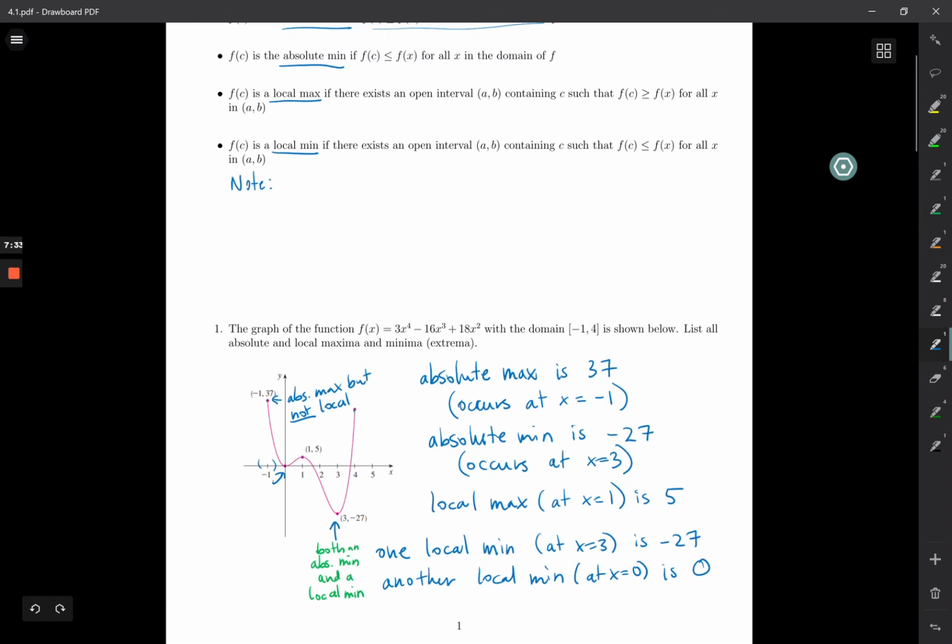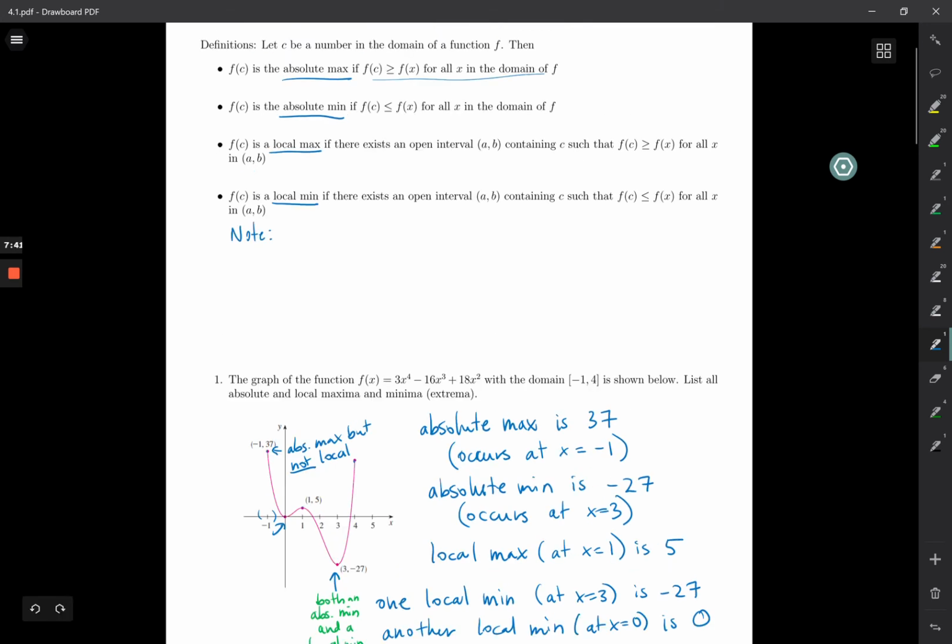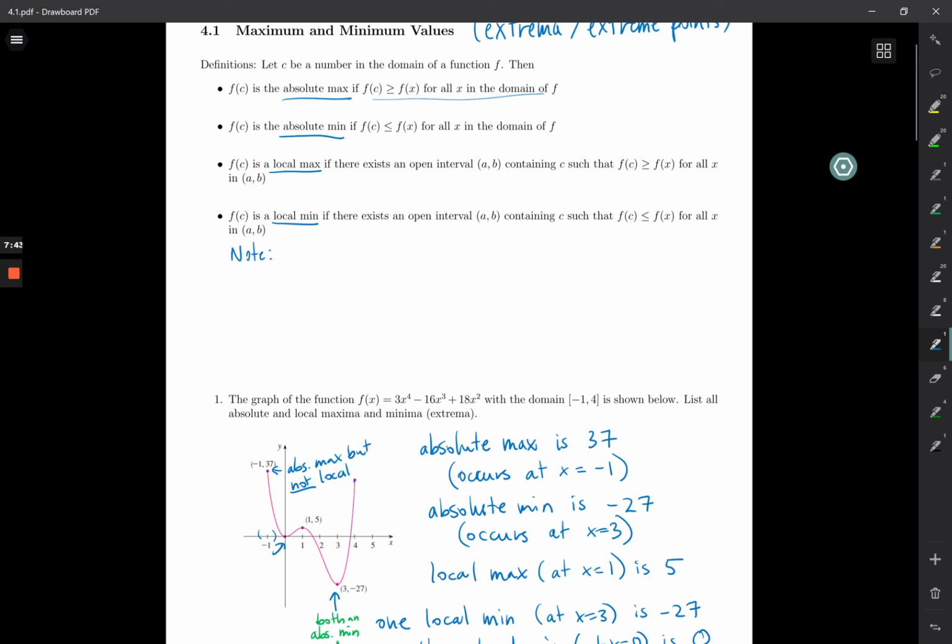Now, let's go ahead and talk about some things having to do with this. First of all, you can see in these definitions, it's always f of c. So we say that the value of the function is the max or min, right?